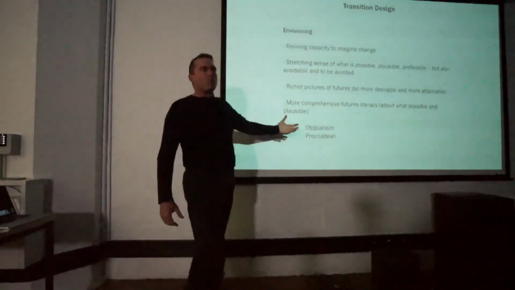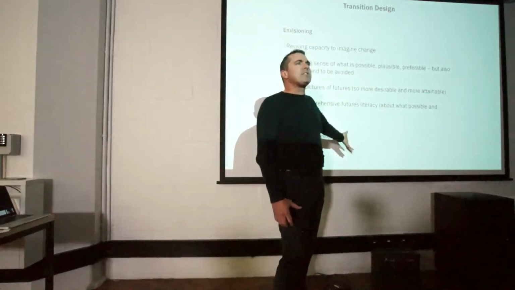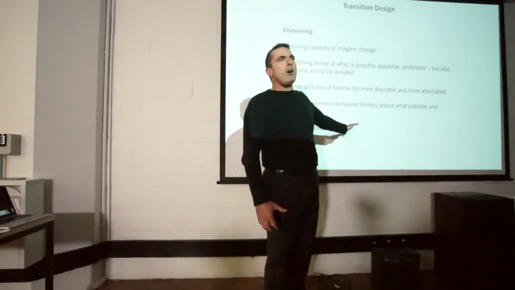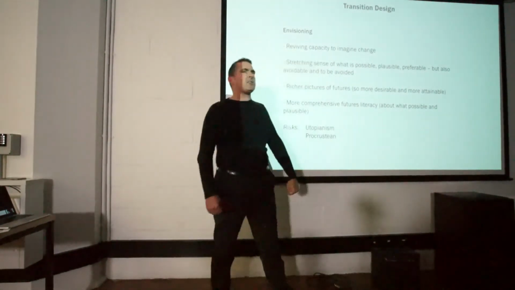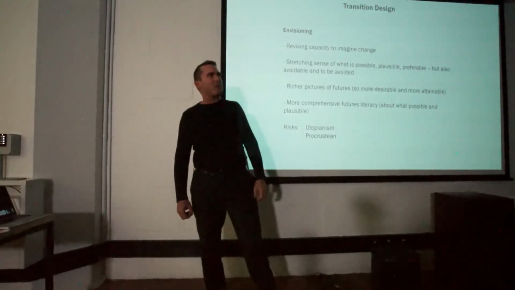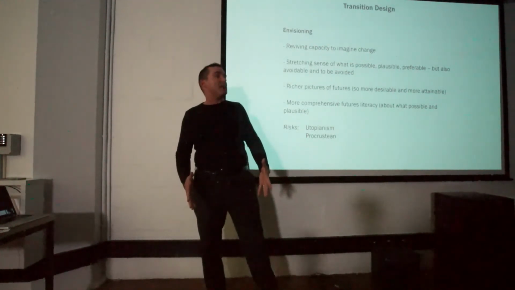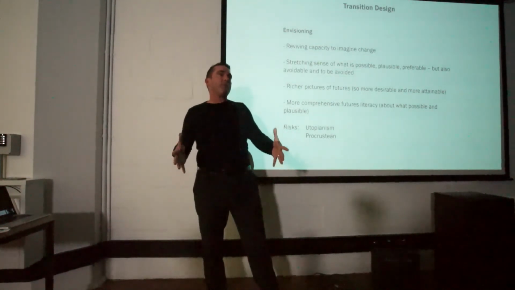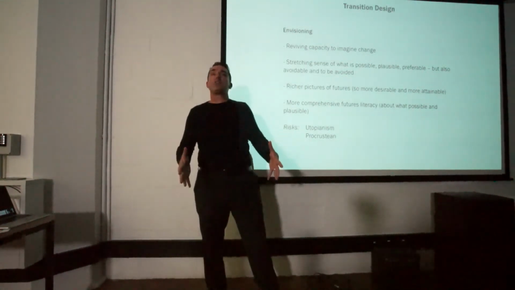I think there are some risks, obviously, when one does this kind of futuring. Designers have a very bad history of doing what I would call Procrustianism. Those of you who know your Greek mythology know that he's the person who chopped people's bodies up to fit the box that he made. It was like a standardised product: you only make one coffin. If you don't fit in the coffin, we just chop you up to fit the coffin.